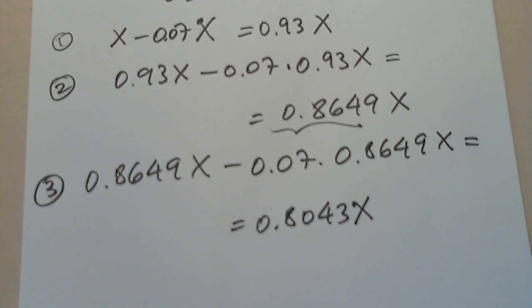And then the new amount is decreased by 7% of it. It's not 0.07 to the third power times x. That's nothing.